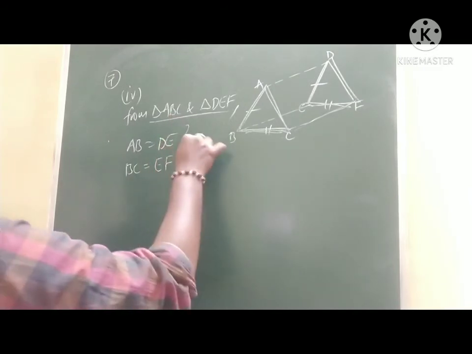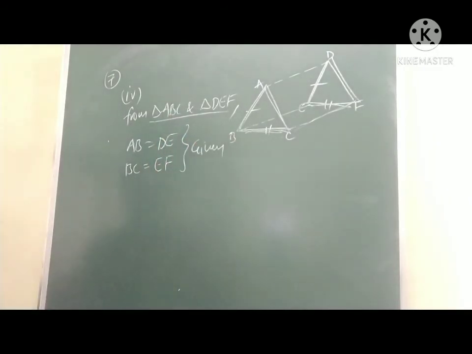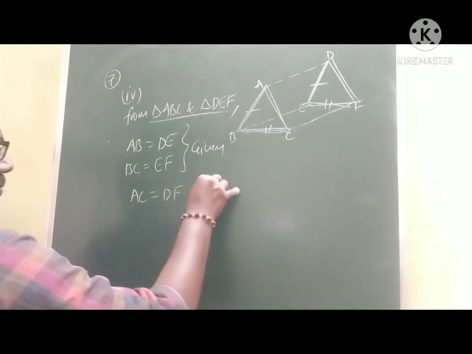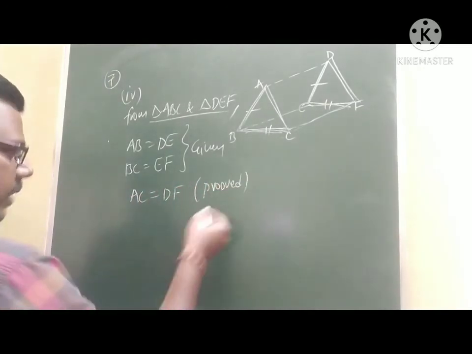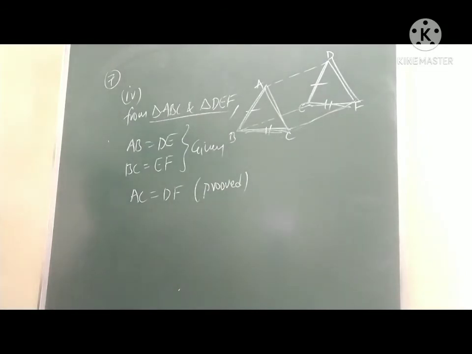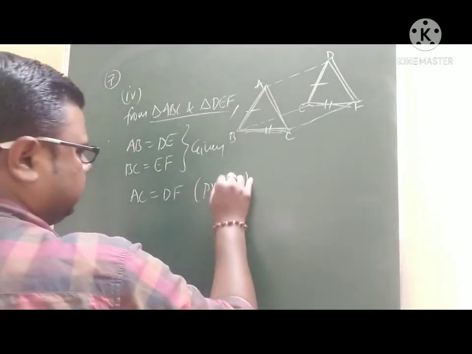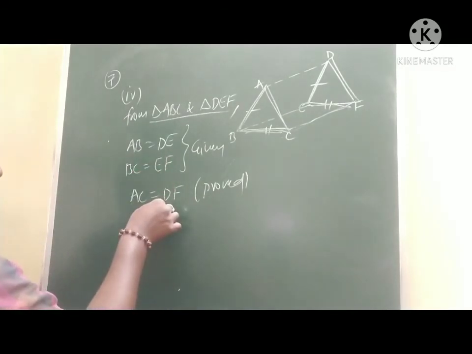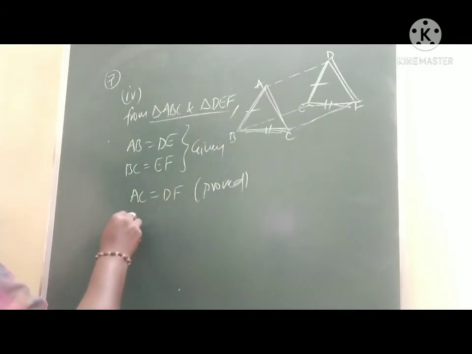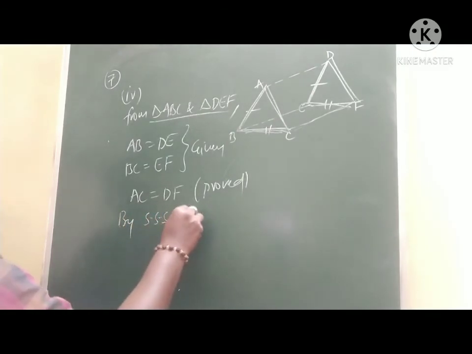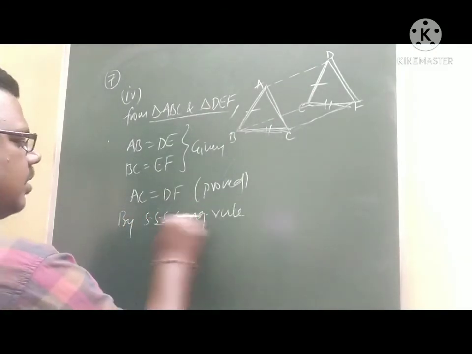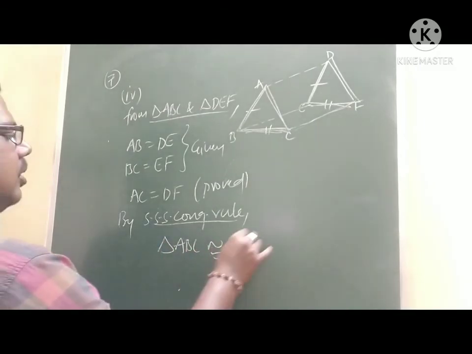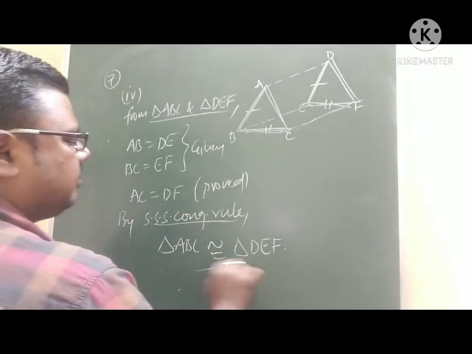These two statements were given in the question itself, and we have proved AC is equal to DF in the last question, right? So here all three corresponding sides become equal. So by the SSS congruency rule, triangle ABC will be congruent to triangle DEF. That's it.